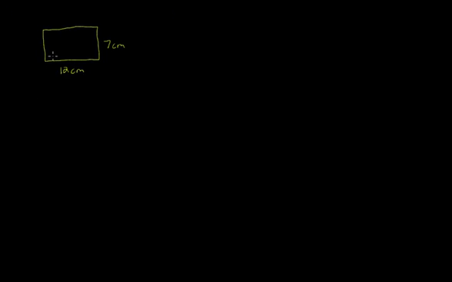For this rectangle, we want to find the perimeter in meters. And notice that it's in centimeters. So let's find this perimeter in centimeters. Remember that perimeter equals 2 times the length plus 2 times the width.